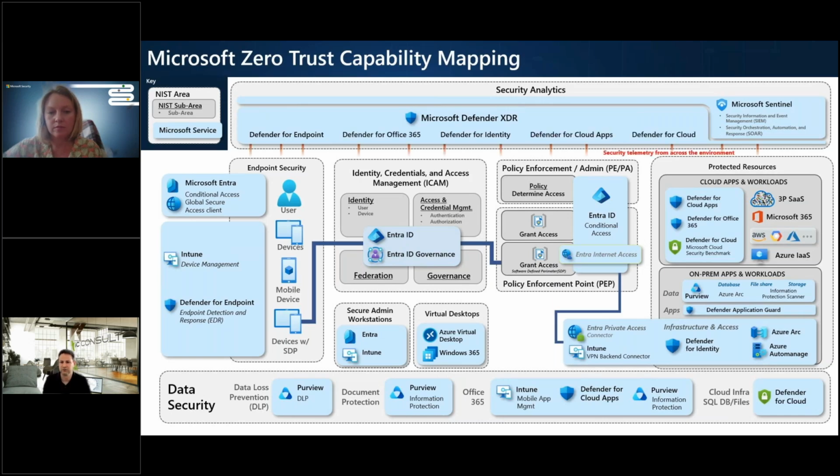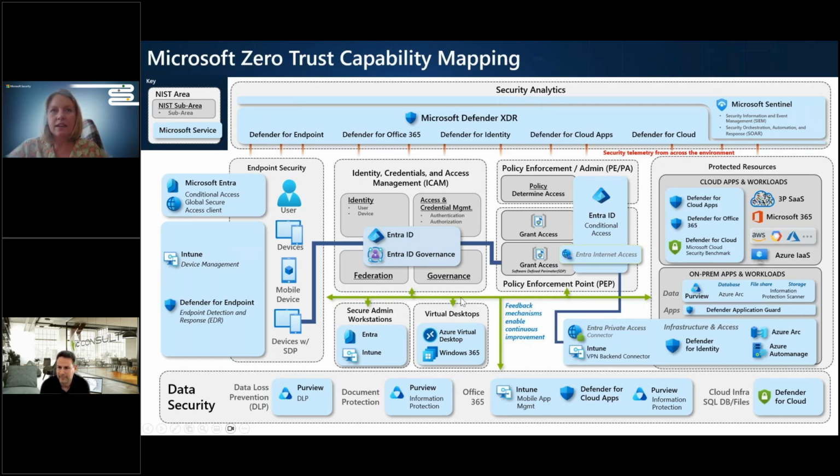And to bring it all together, so really having the security analytics and collecting all the signals and so on, you have basically Defender for XDR, everything goes into it, and also Sentinel. That is basically then your security information event management system, and also the place where you can orchestrate and automate responses to that security information you got there.